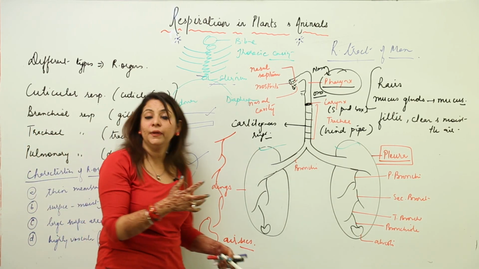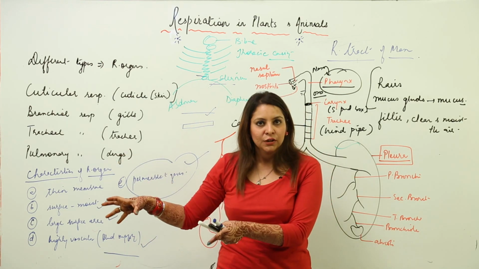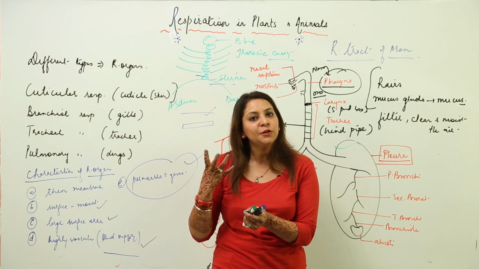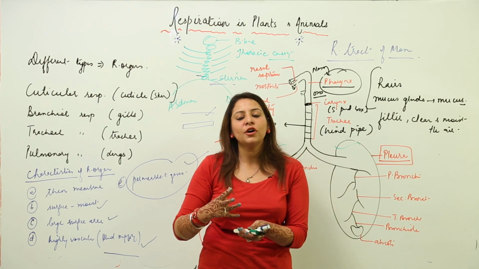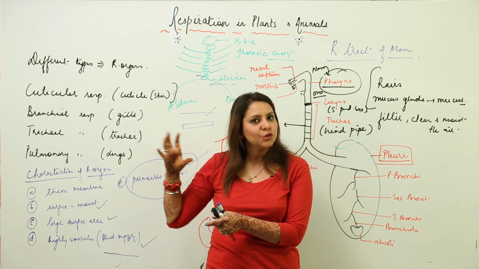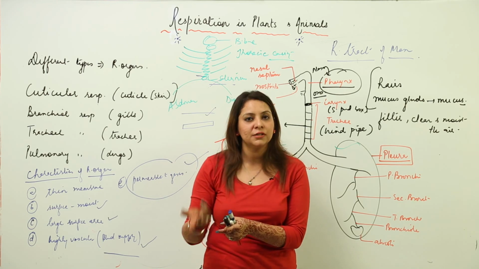And moreover, when a child is born, if you compare the lungs of a newly born baby with an adult, you will see that the newly born has very light pinkish lungs. But the lungs of an adult are a dark cherry color. This is just because of the air pollution which we come across in a daily routine.